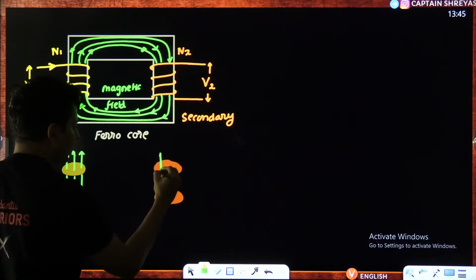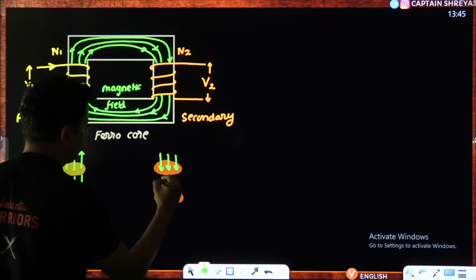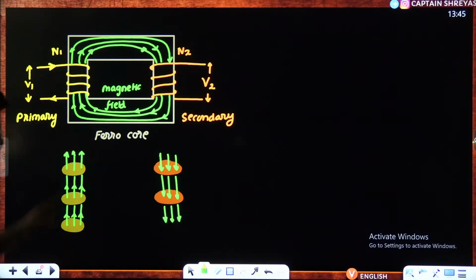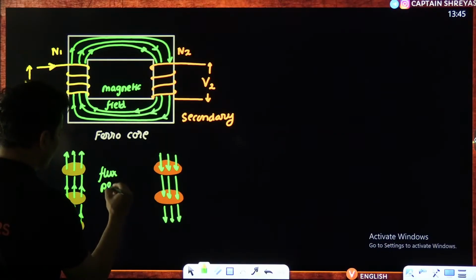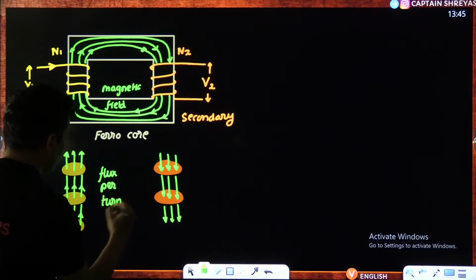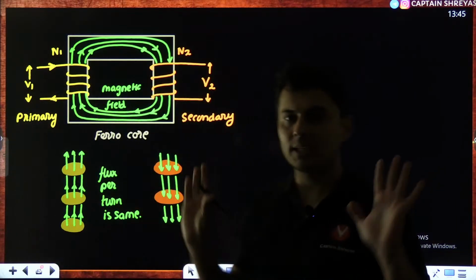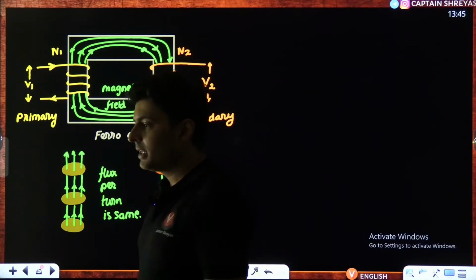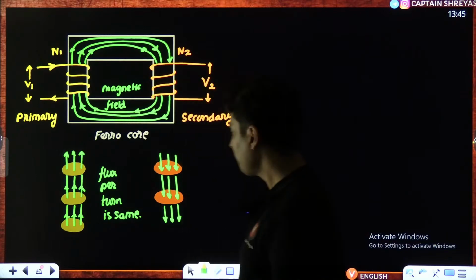Same thing will happen here. Whatever field lines come from the primary side will come back over here, and they will again cut through each of those turns. So can I say the flux per turn is the same for both? Yes or no? Tell me this clearly. Everybody agrees with this? Okay.